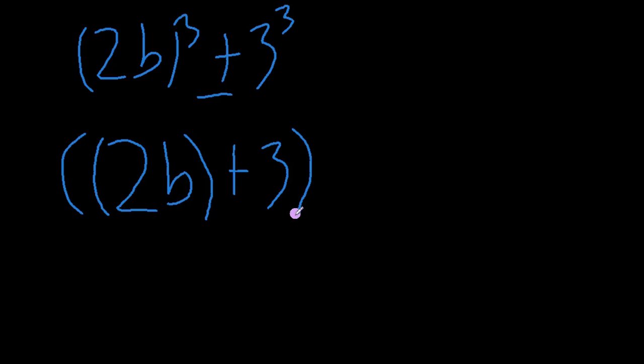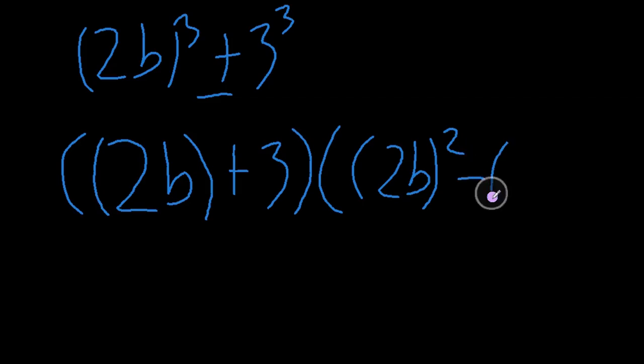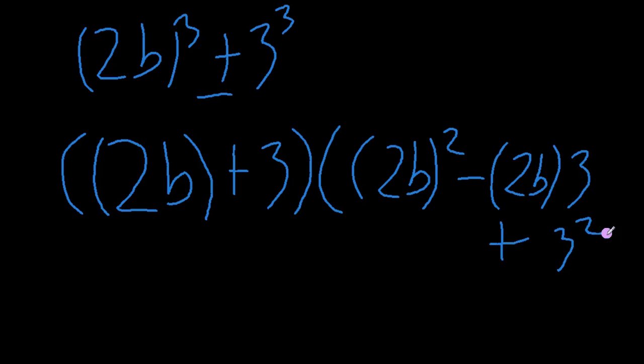Notice my use of parentheses. That just helps me keep things straight. A squared is 2b squared minus 2b, I'm going to run out of space, I think, times b, which is 3. And then plus b squared, which is 3 squared.